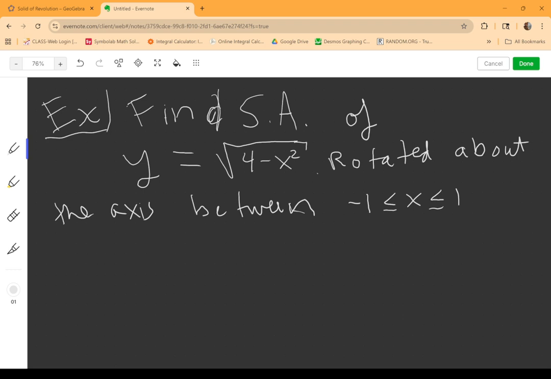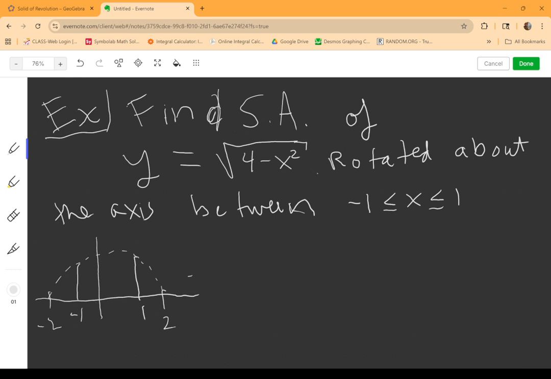So what we have here, this particular function is the top half of the circle above the x-axis of radius 2. So the function itself looks something like this. And I'm interested in the portion between -1 and 1.